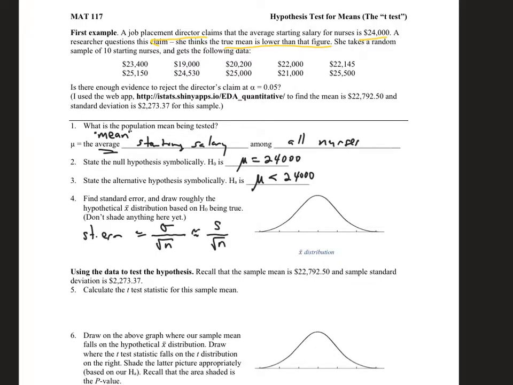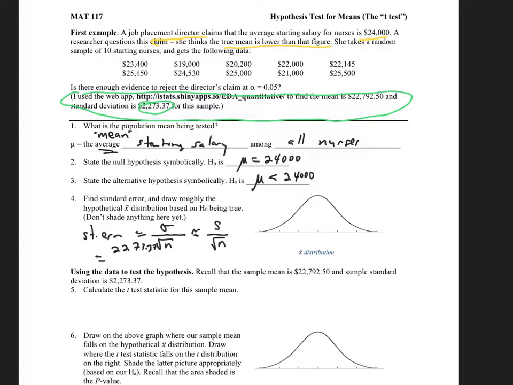So in this problem, we know that the sample standard deviation is 2273.37, so that's coming from here. And the only way I would know that, notice I did point out here how I got that. I used some technology.